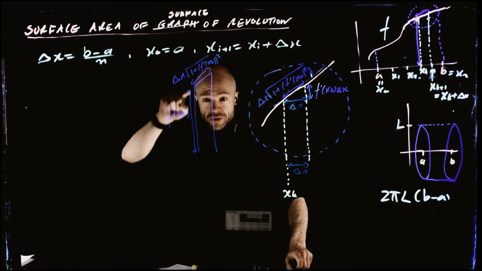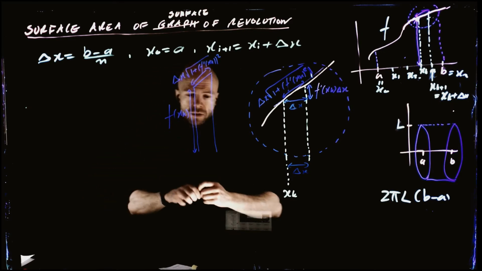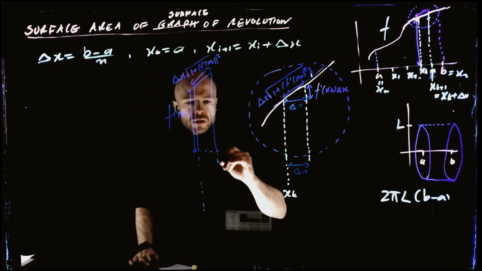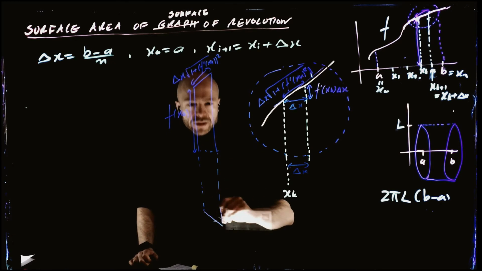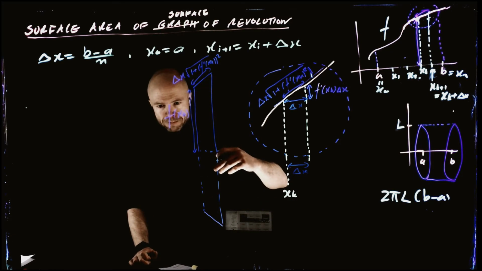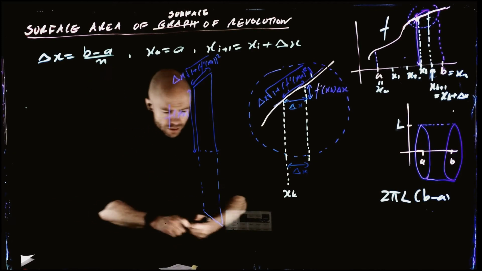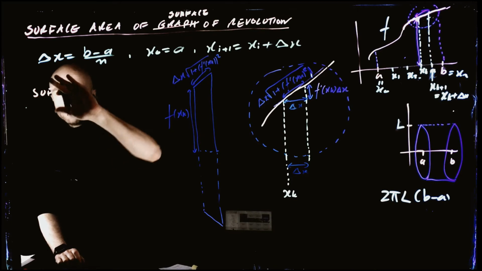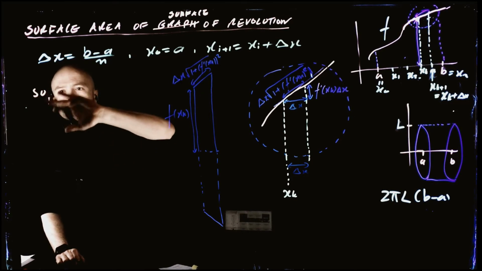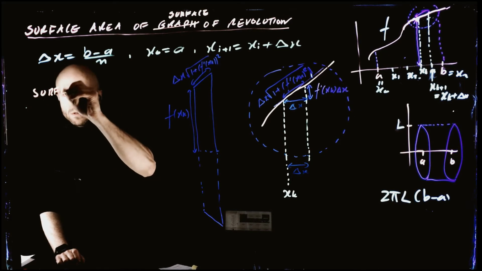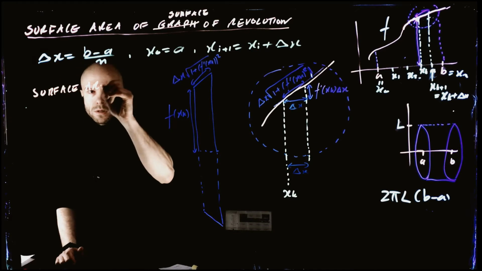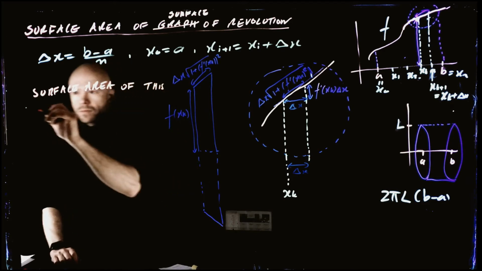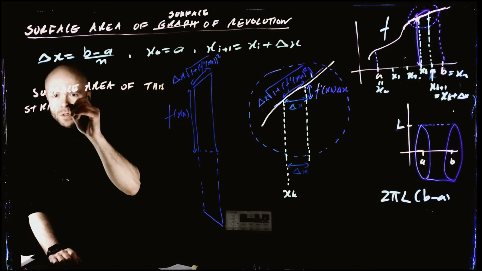So the surface area created from this strip, if I did a side view, it would go all the way down like this. That's the side view of the strip. And then the surface area of the strip is what?